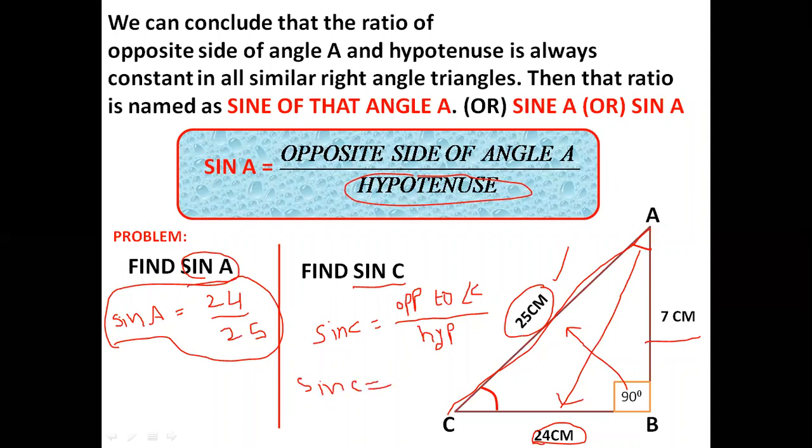What is the opposite side to the angle C? That is AB, so you write 7. The hypotenuse AC is 25. So sin C is 7 by 25. Like this, you can find sin A and sin C. Up to this, you have to remember only that sin A is equal to the opposite side of angle A by hypotenuse.